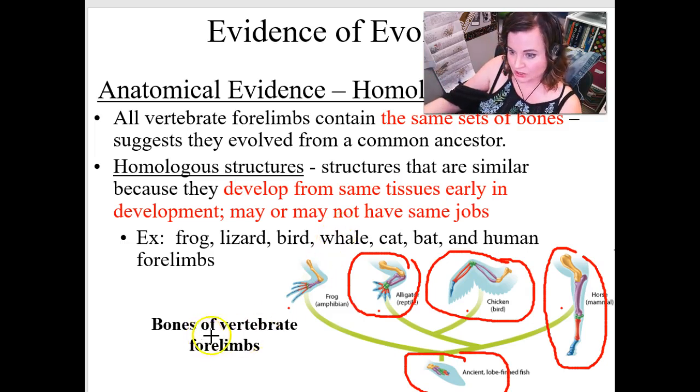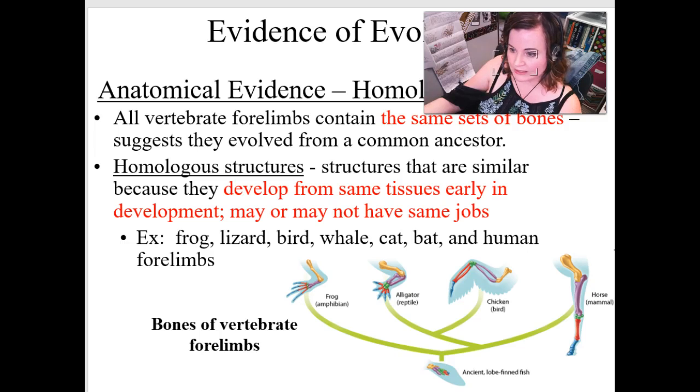I want to draw your attention to a couple other things here first. On this phylogenetic tree, we see a couple of different branching points, okay? We see this branching point here. We see our first separation. And we can say that both the frog and the horse, the last time they had a common ancestor was an ancient lobe-finned fish.